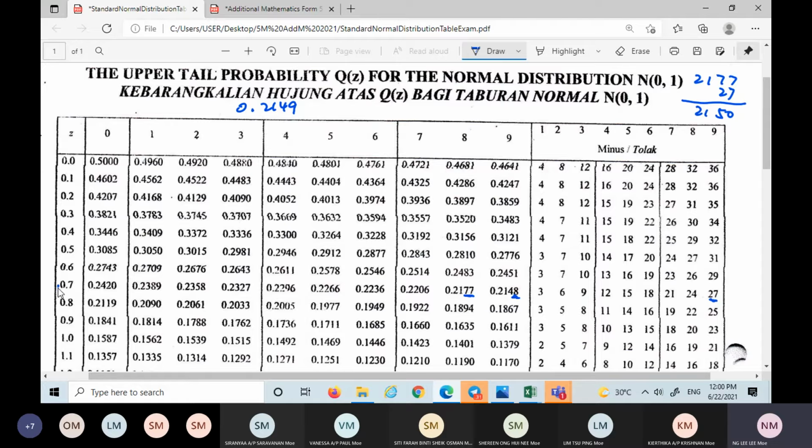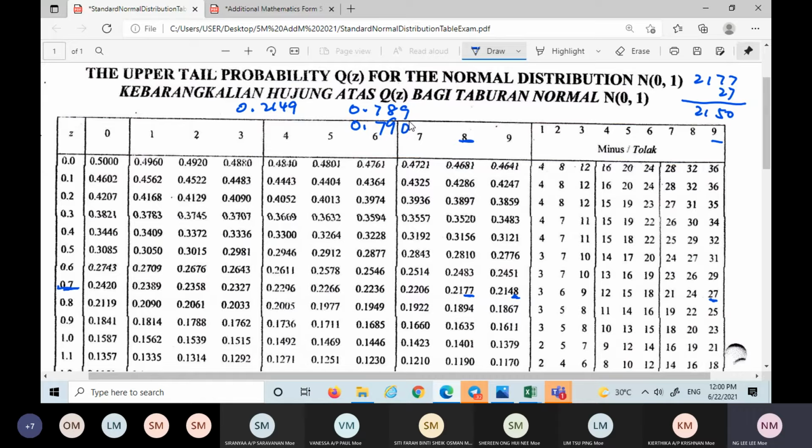So your answer can be 0.789. Your answer also can be 0.7 and then 9, 9 means 90.